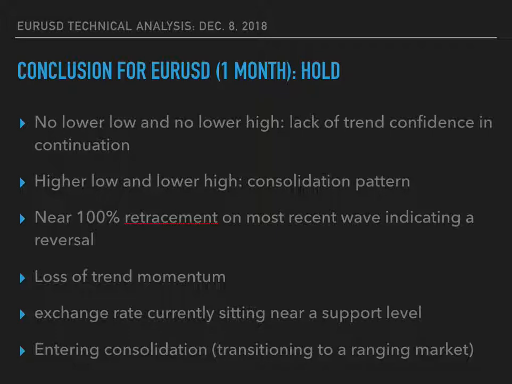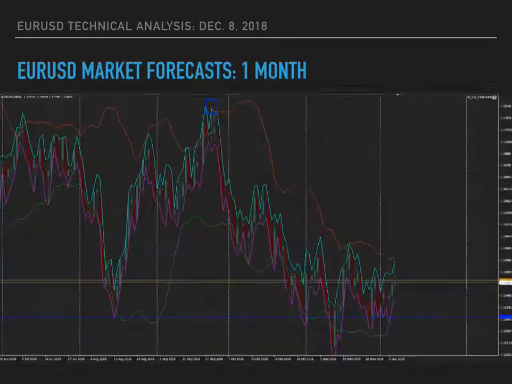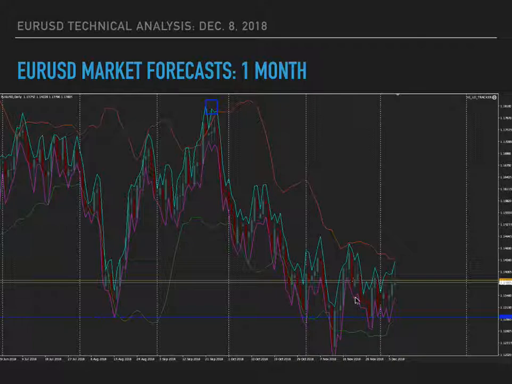And we saw that there is a higher low and a lower high, which is a consolidation pattern. We saw a near 100% retracement, indicating either a reversal or consolidation of the market. A loss of momentum, which if you go back, it loses momentum because it's no longer moving up or down, but rather moving sideways.